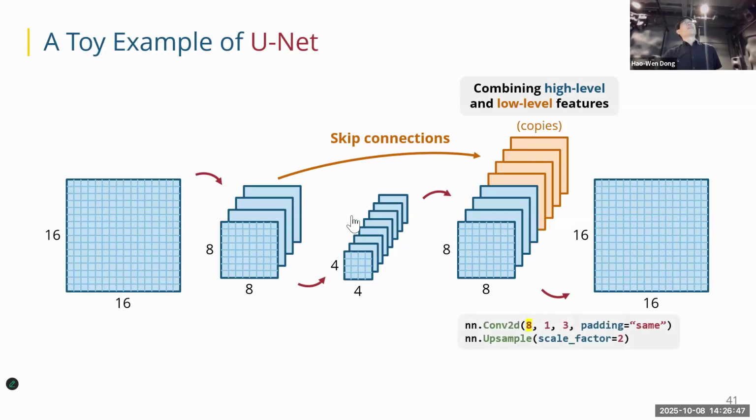So you have access to the high level features, but also some low level features from the first layer, because those will be very edge-like features. But coming back from the very compressed representation, those will be high level information. The blue one will be more high level, the orange one will be more low level, but you can combine them to do your final segmentation.